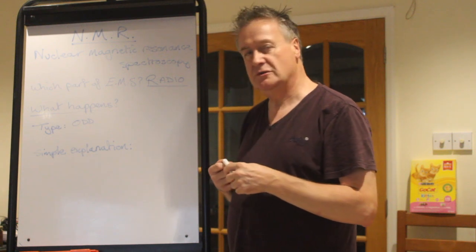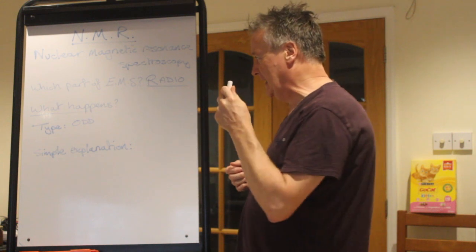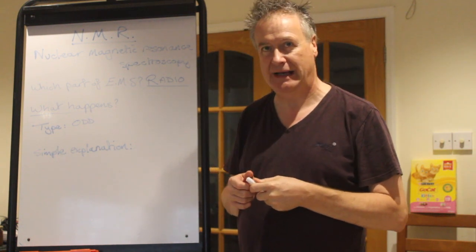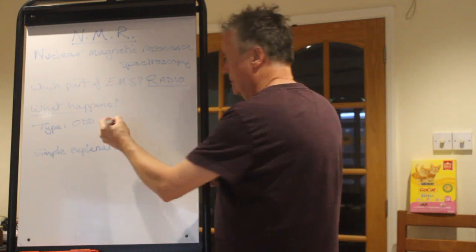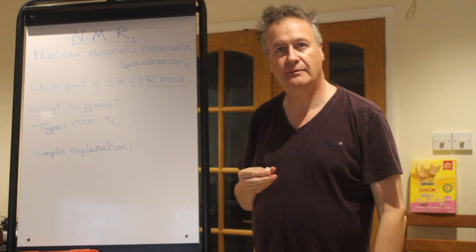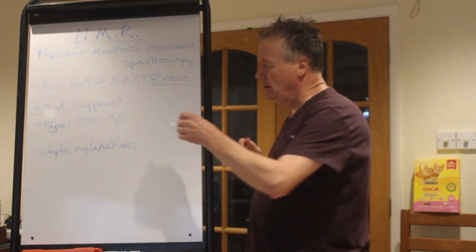What it refers to is you pick a particular isotope, and if it has an odd number as its mass, here's an example that you'll get to be familiar with. Carbon-13.